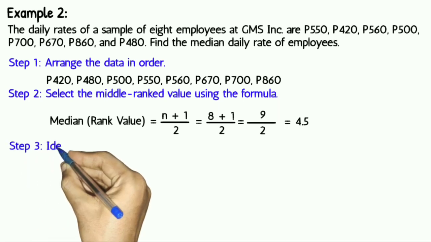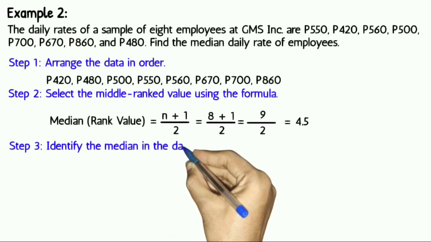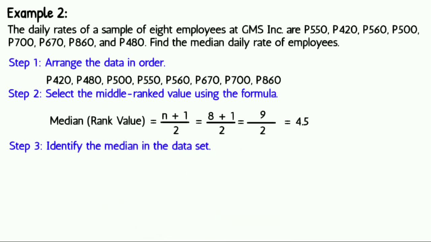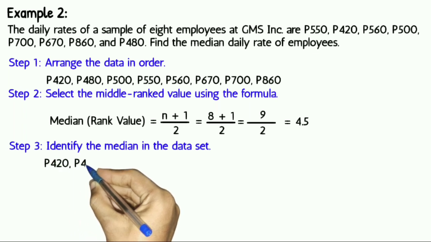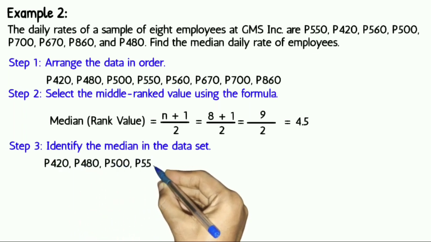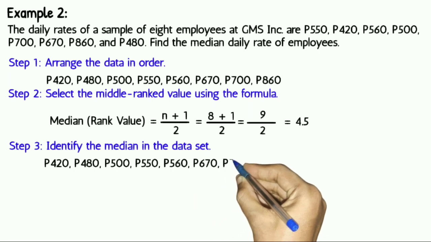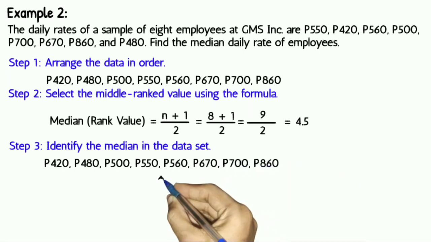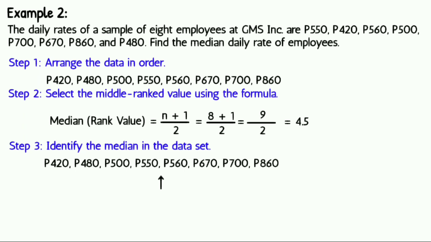Let's go to step 3. Identify the median in the dataset. We will get the 4.5th value. The 4.5th value is in the middle of 550 pesos and 560 pesos. Since the middle point falls between 550 pesos and 560 pesos, we can determine the median of the dataset by getting the average of the two values.